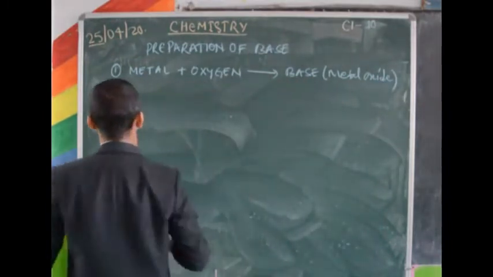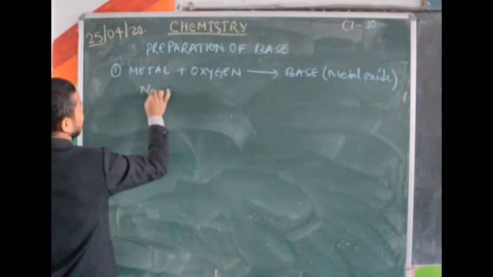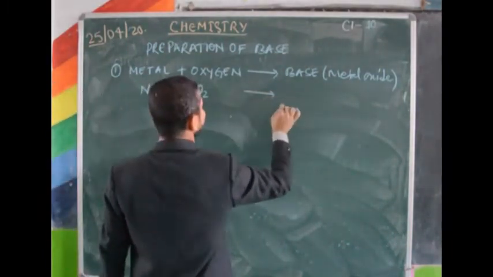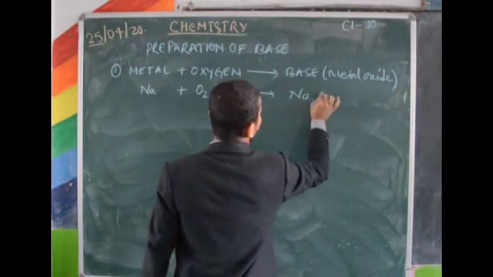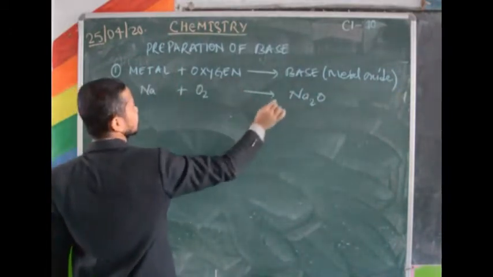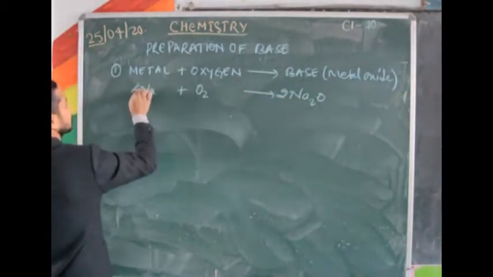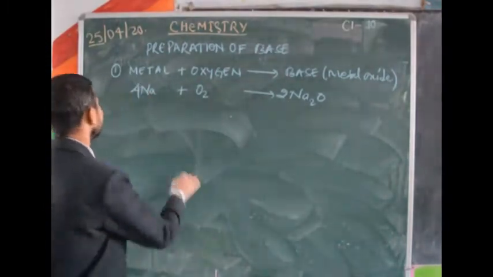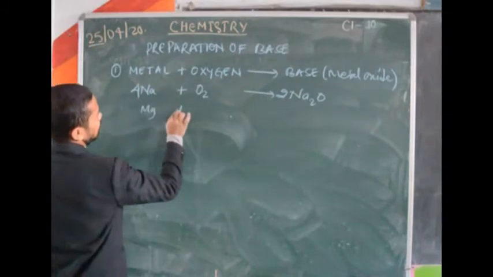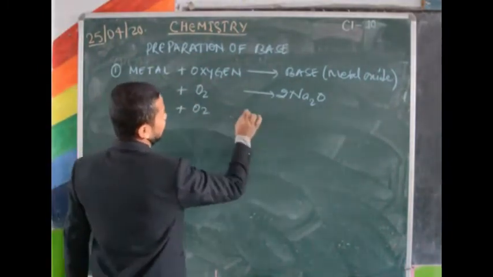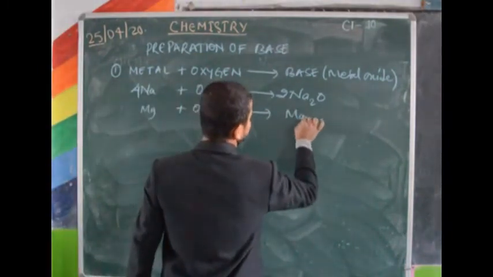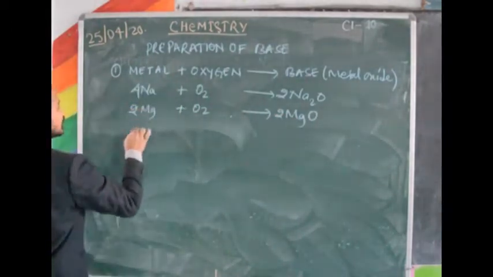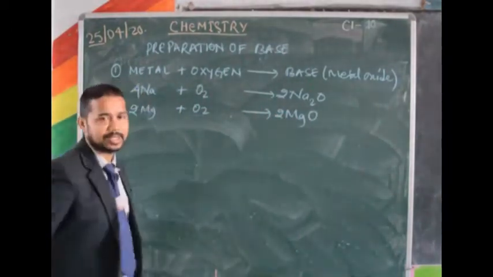For example, sodium plus oxygen gives sodium oxide. Let's balance. Sodium oxide, this is a base. Then magnesium plus oxygen gives magnesium oxide. So this is also a base.